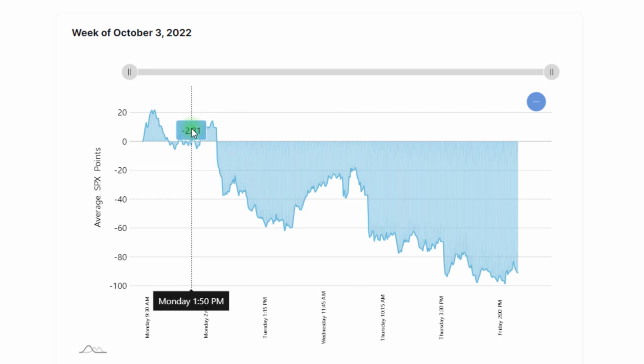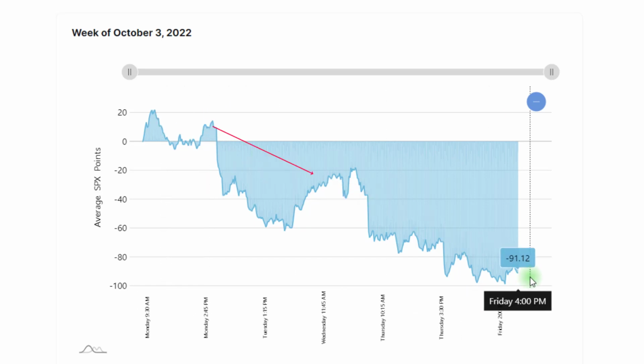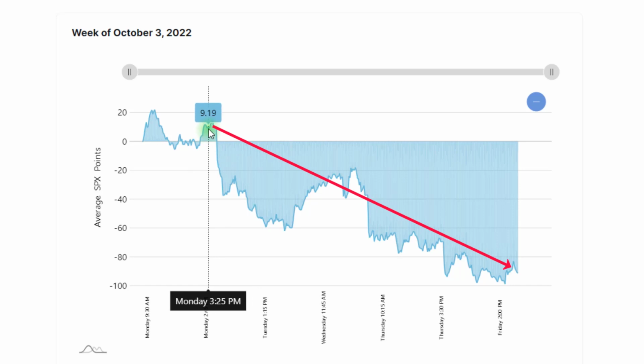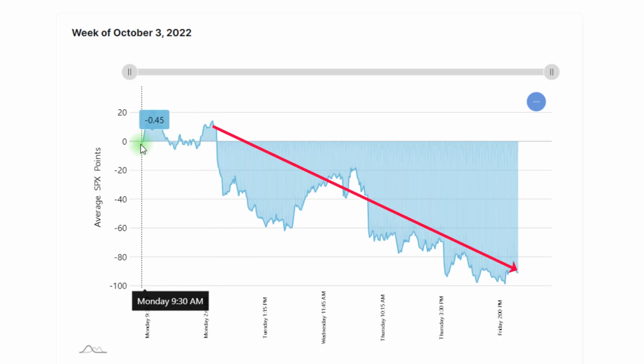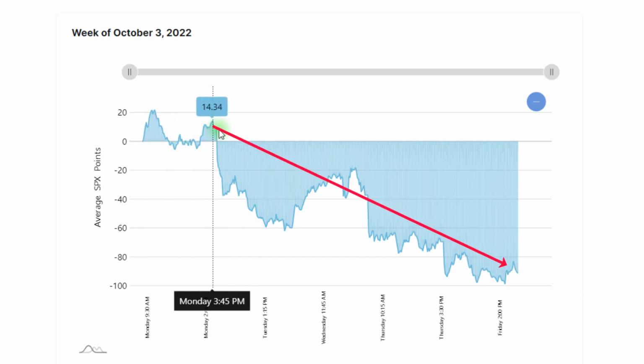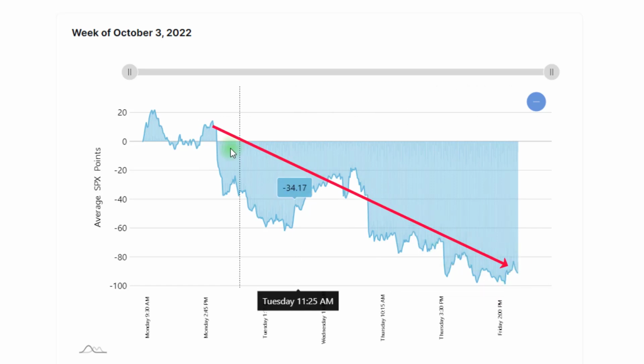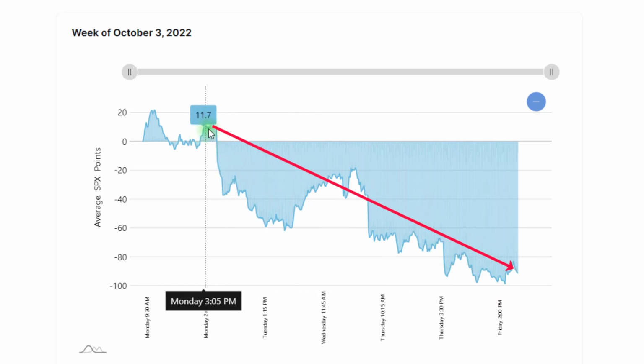So for this particular week, before the week started, we can start to look at where we want to potentially go long or short. Now, obviously, the trend is down, and so we want to pick and choose our spots. But one potential trade could be to look at a call credit spread or naked call, depending how you'd like to trade, at around Monday at 3:30 p.m. because the market was kind of back and forth on Monday, but there clearly seems to be a trend lower where the end of the week has been closing lower than Monday.